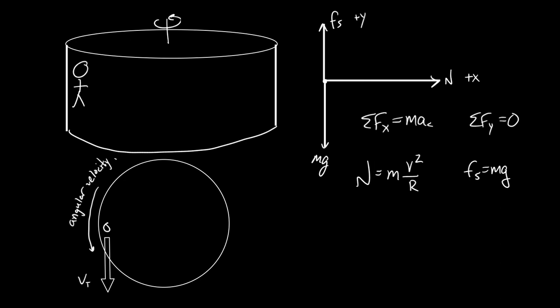Now, I'm going to do the same things we've been doing. I'm going to suggest that this is a static frictional problem. Static friction has to be less than or equal to mu times the normal force. I'm only writing it reverse because I have static friction on the right and normal force on the left, but it's still the same equation, right? And I'm still going to sub into my inequality.